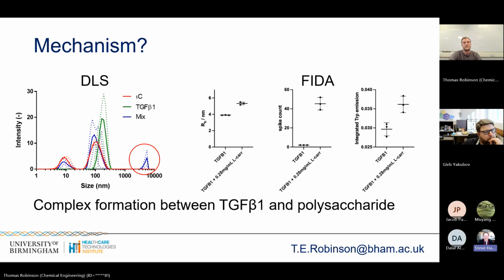So essentially, we use this technique to show that by going from the pure protein to the protein in essentially a field of the polysaccharide, you get an increase in hydrodynamic radius, an increase in spike count, which essentially is aggregates. And also, I am assured that this final chart means something, but I can't for the life of me remember what it was.